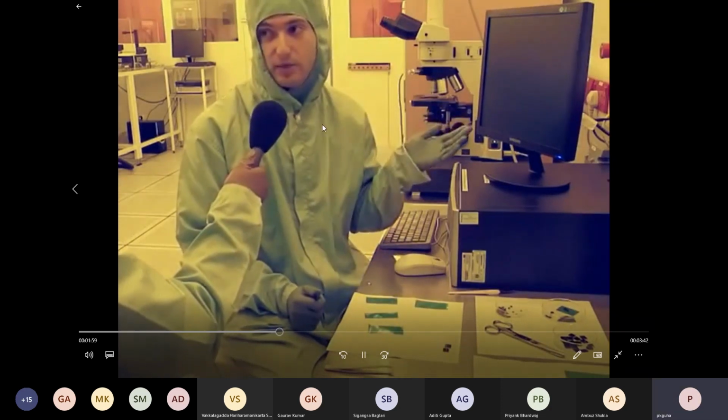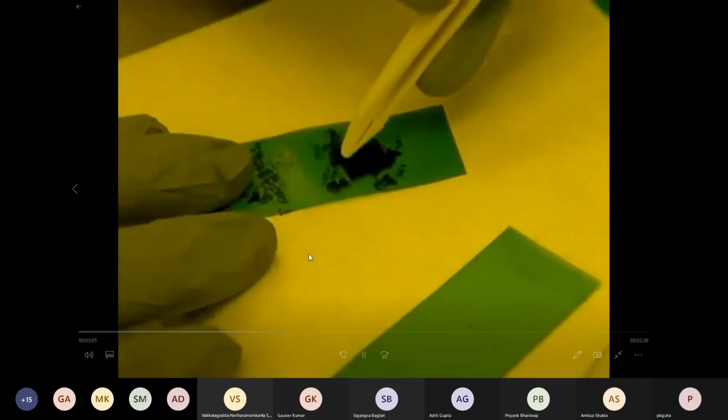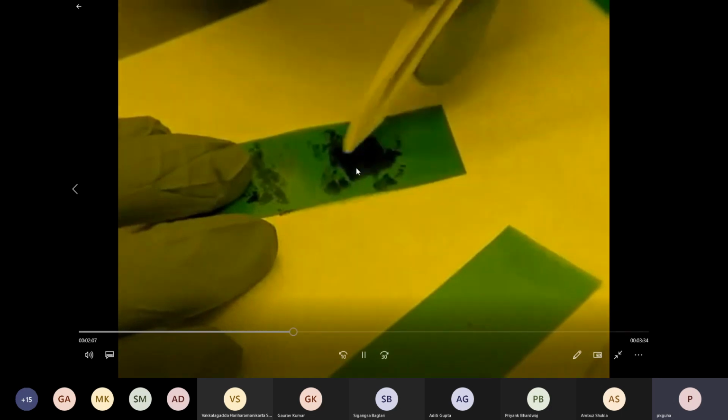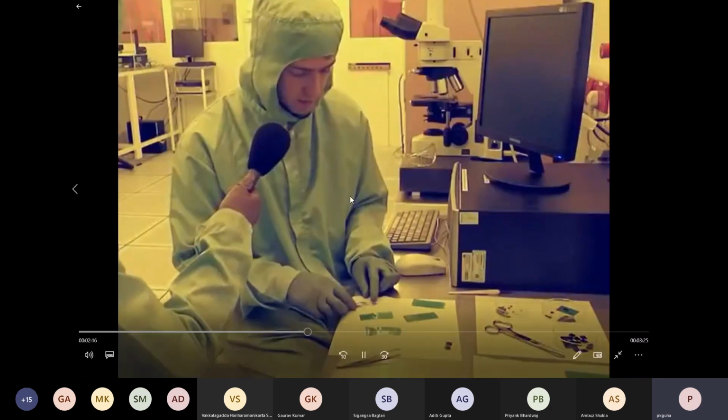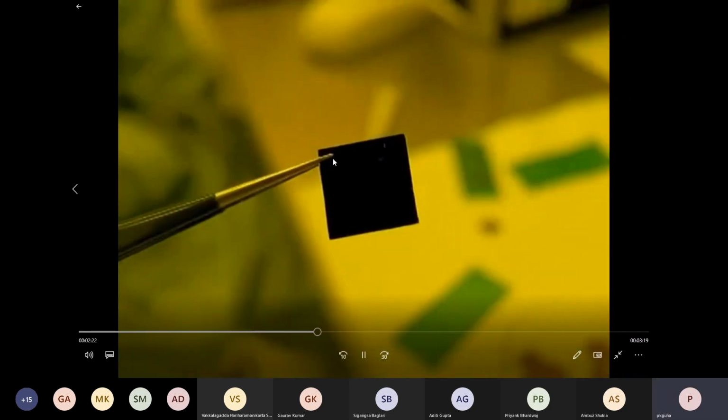You see people are wearing this kind of dress because it is in the clean room. But when you detach this tape from the substrate, you have to be very careful. Otherwise, the layers will be torn apart, and then you can see it under the microscope.